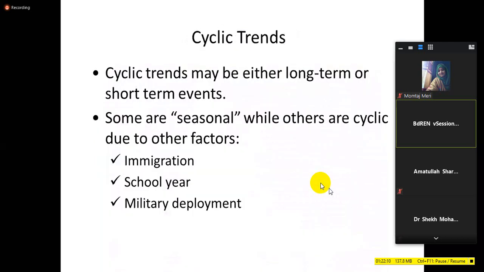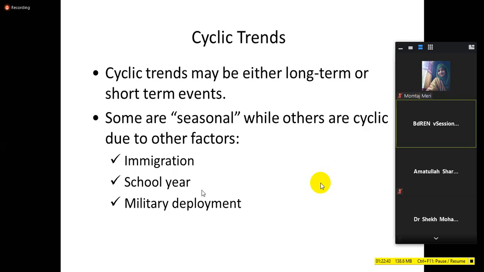Now let us talk about the cyclical trend. As I said, it goes up and down, up and down. It happens when certain people are migrating from other countries. Sometimes they can bring some infection, and all of a sudden you can find that the number of some specific diseases is going up. Or when students enter school for new admission, you can also observe certain diseases going up.